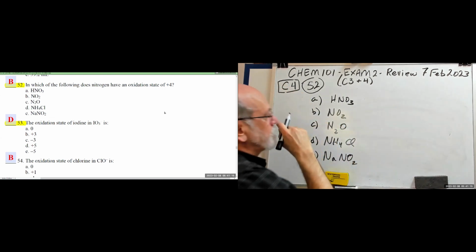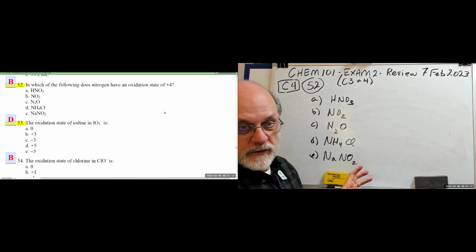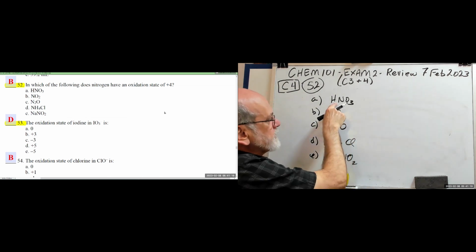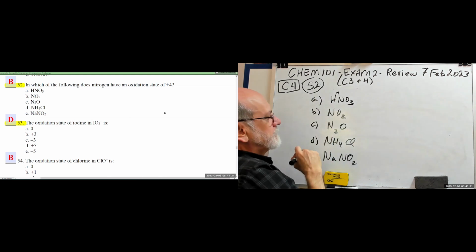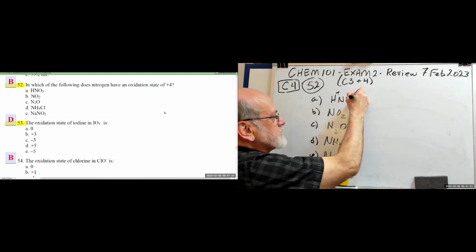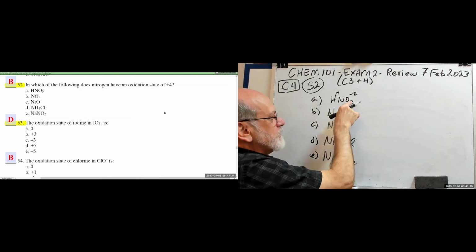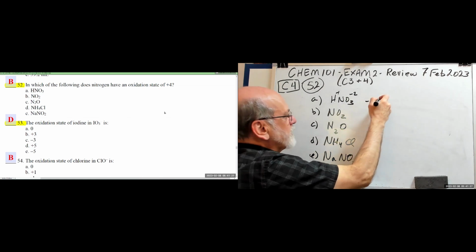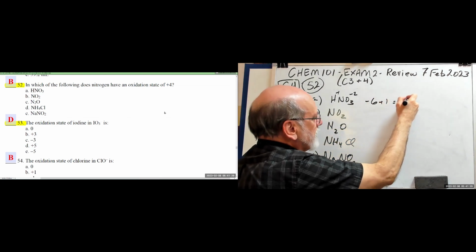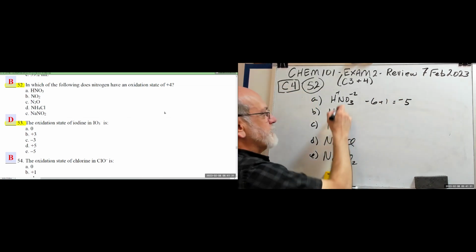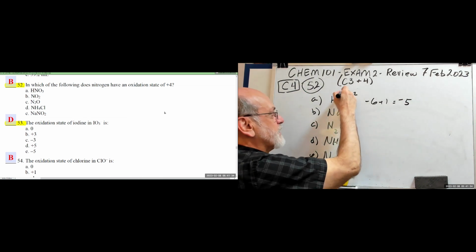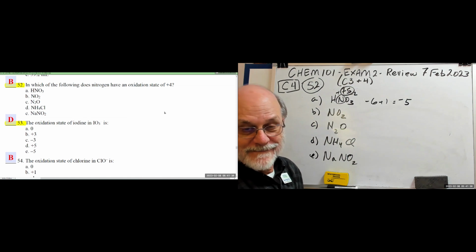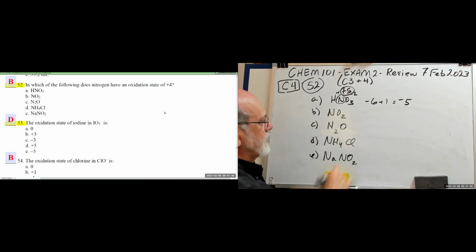All right. So remember the rules. Hydrogen in this position is a +1. Oxygen is a -2. So we have a -6 and a +1 equals a -5. That means this nitrogen has to be a +5. That's not it.